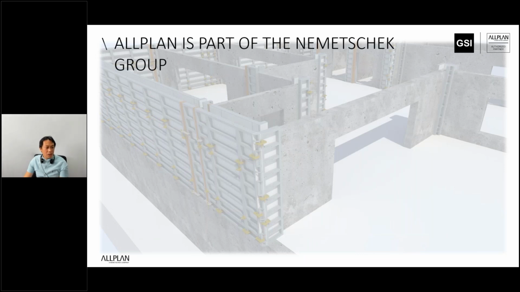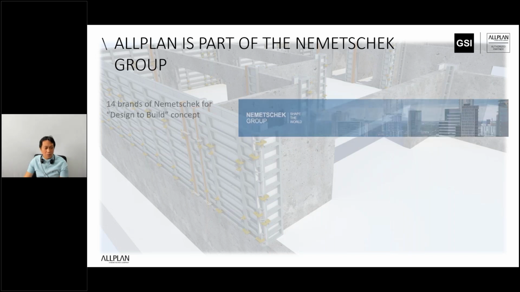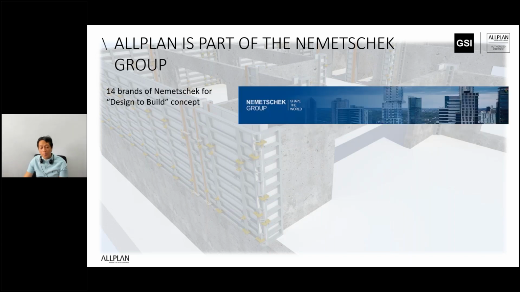Allplan actually is also part of the Nemetschek Group that boasts an array of sophisticated software solutions catering to the diverse needs of the AEC sector. From groundbreaking architectural design to precise structural engineering and project management, their products redefine the way professionals bring visions to life.